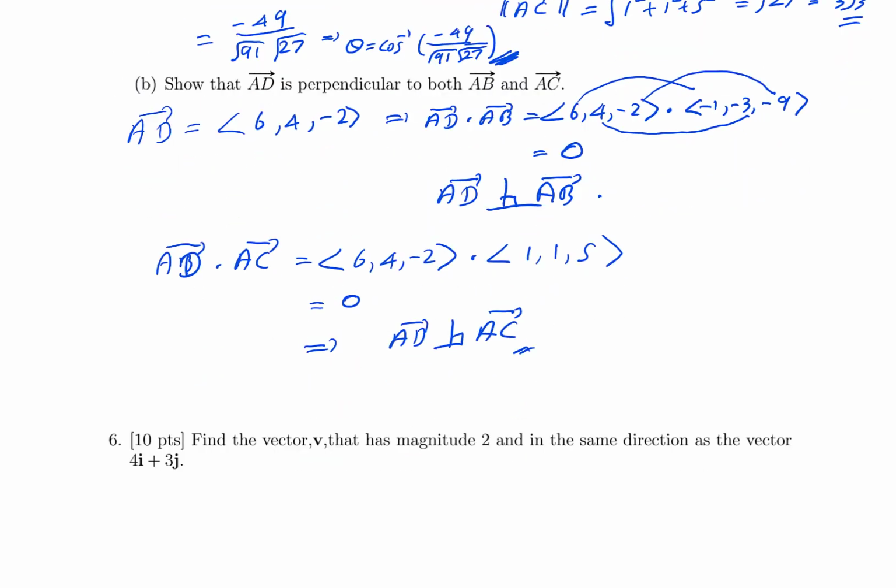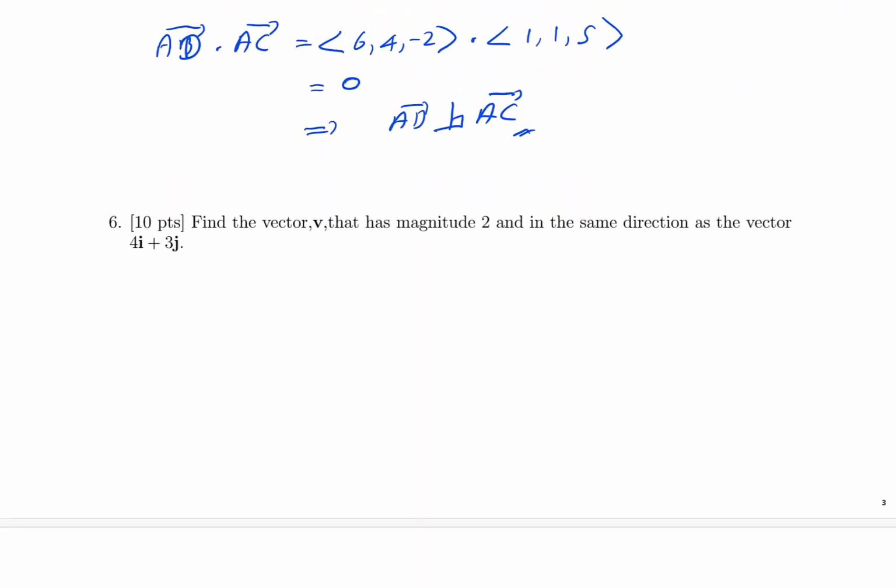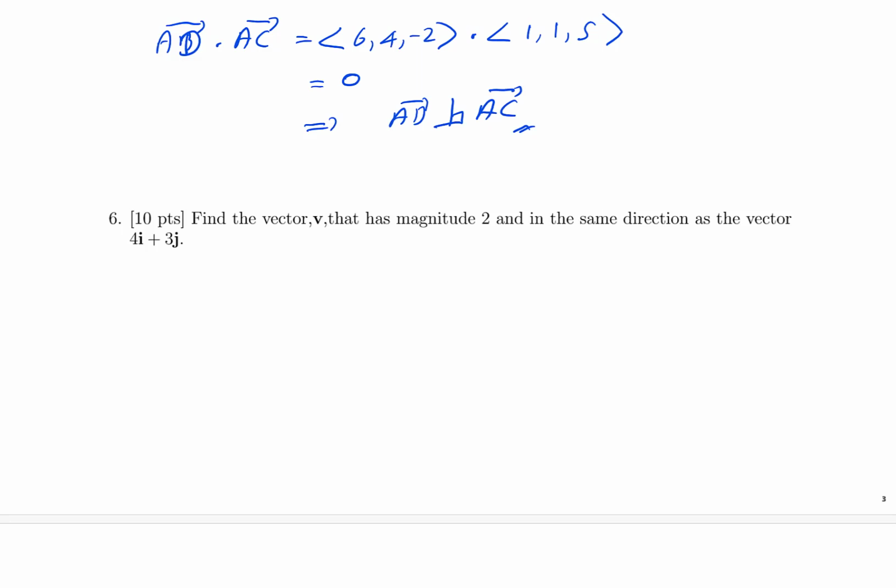Right. Then find the vector V that has magnitude 2 and is in the same direction as the vector 4i plus 3j. How do we find this? Find a vector V that has magnitude 2 and is in the same direction as the vector 4i plus 3j.